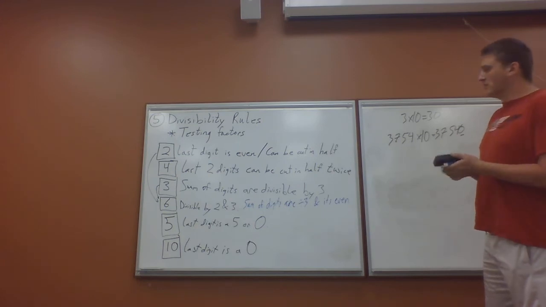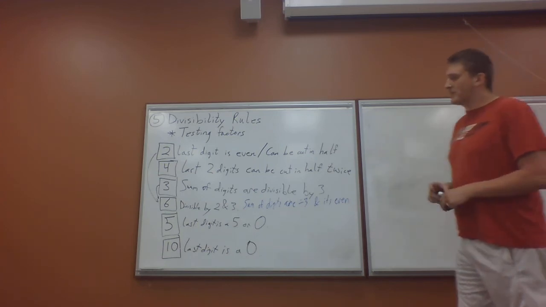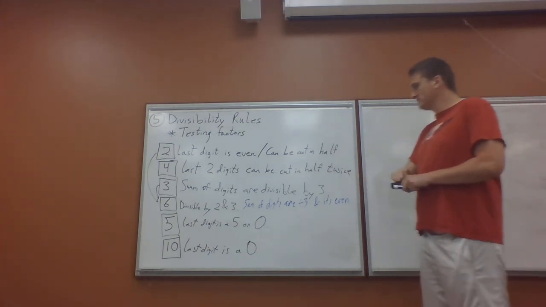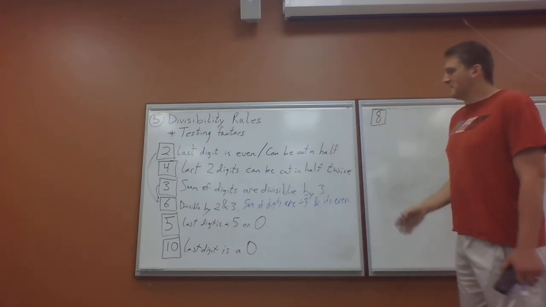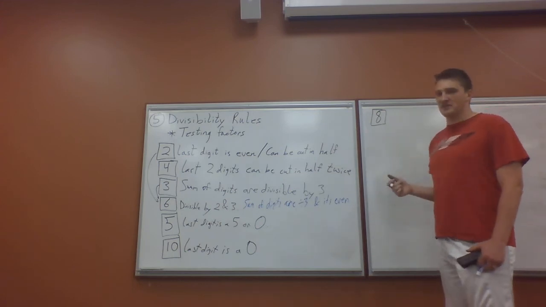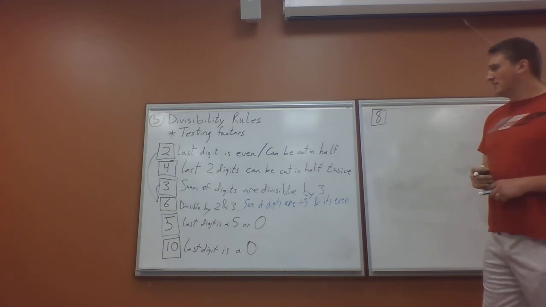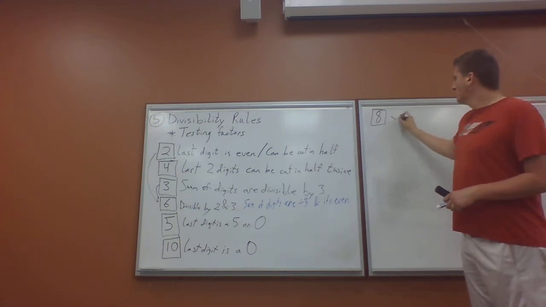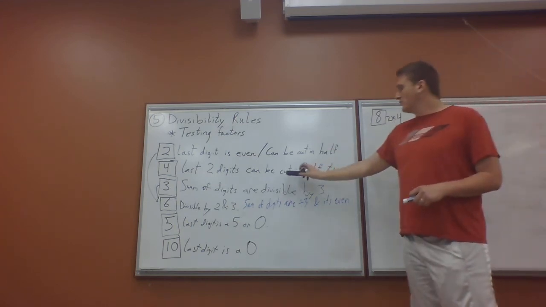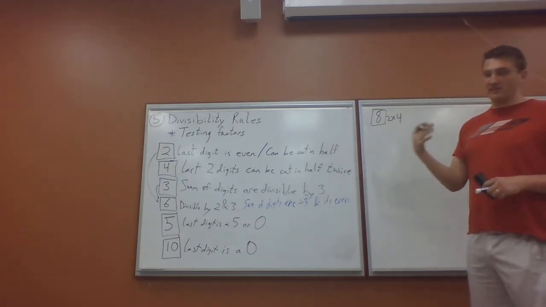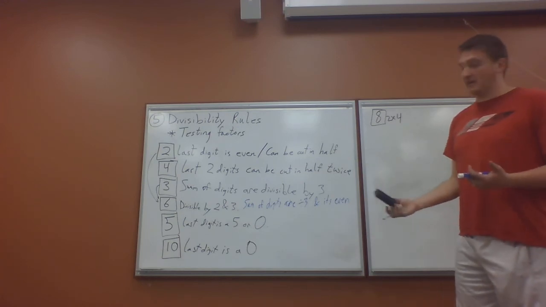There's only one more rule I want to go over that I think is important. I think in the book it'll give you a rule for 8. So it's kind of interesting. Well, it's not super interesting because they build that rule the same way you can build a rule for 16 if you wanted to, based off the same logic. If 2 and 4 go into it, sure. So I guess if you took the last 2 digits and cut it in half twice and got an even number, well, then you just have to check to see if that number is even and can be cut in half again.